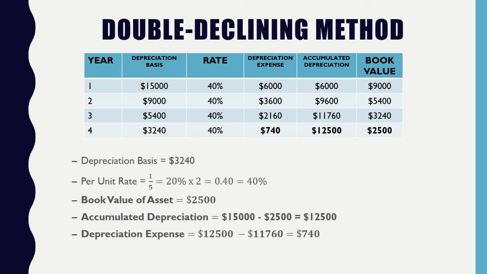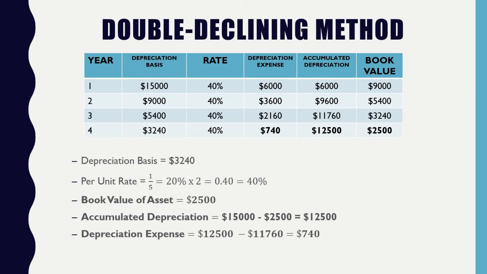Maybe I should have had a slide that shows how you could convert the formula. So in this case, I have it right here. Book value of asset is equal to 2,500. My accumulated depreciation is going to equal my asset cost minus my book value.